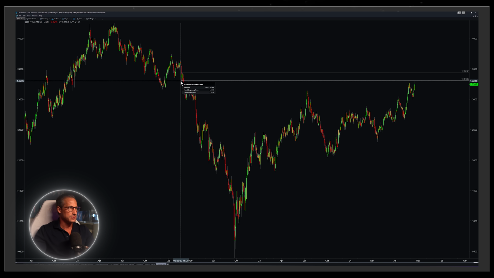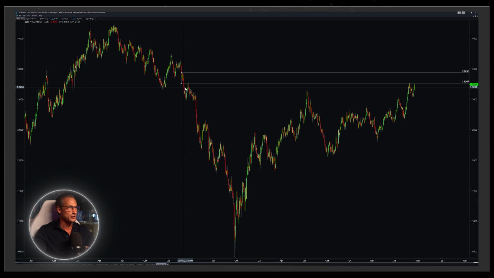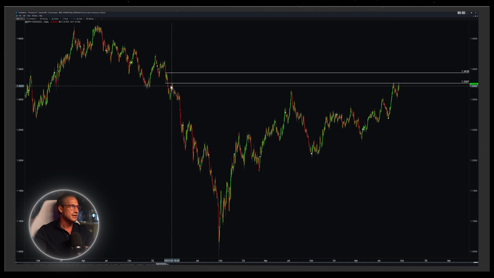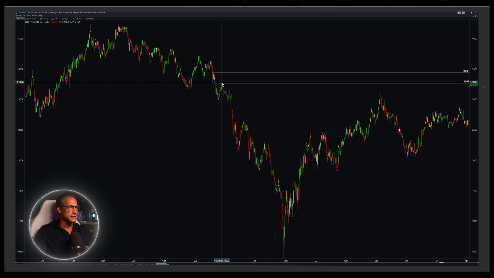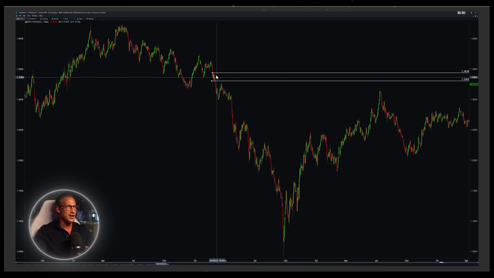Plus what I want to show you here, I'm very excited to show you that actually, because it's a very important rule, is that it hit here the wider version. It hit the wider version and just barely penetrated it, and then it dropped without coming back. So this will tell you, okay, there's a lot of pressure inside that zone because price never came very deep inside that zone.